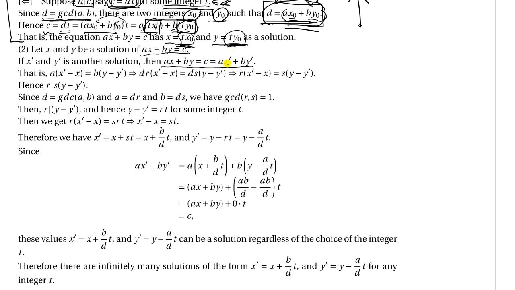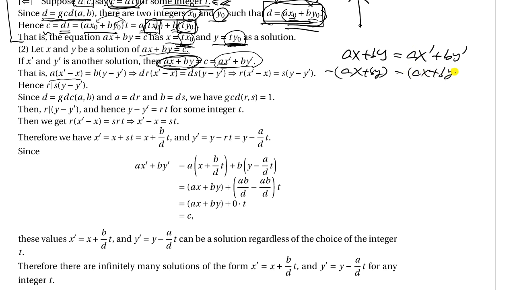So let's just subtract the right-hand side on both sides, right? On the left-hand side, if you factor out the common factor a, then a times x prime minus x equals b times y minus y prime. Okay? So it's like this, from ax plus by equals ax prime plus by prime, and subtract the left-hand side from both sides.